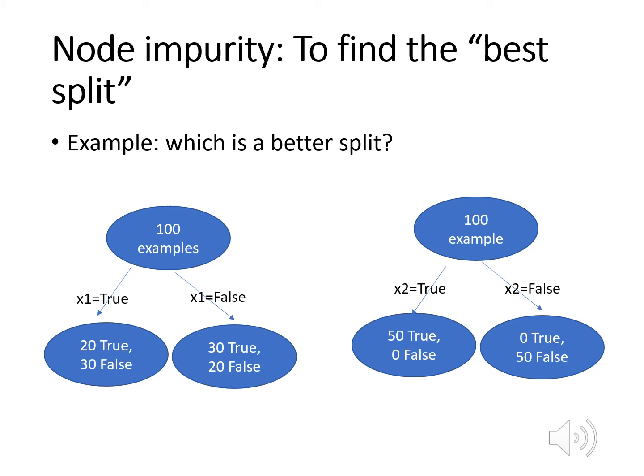With x1 as the splitting feature, it splits data into two subsets. One subset has 20 examples with true labels, 30 with false labels. Another subset has 30 true labels, 20 examples with false labels.